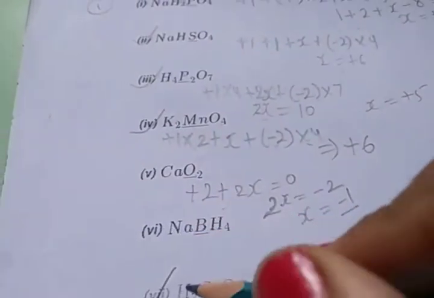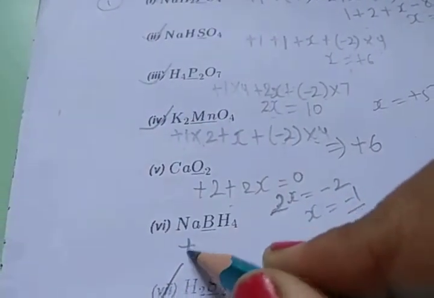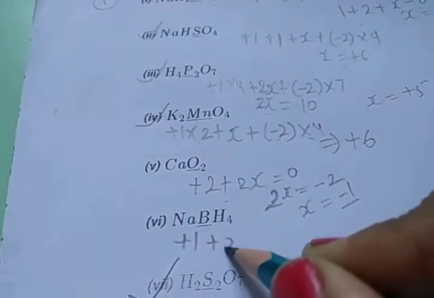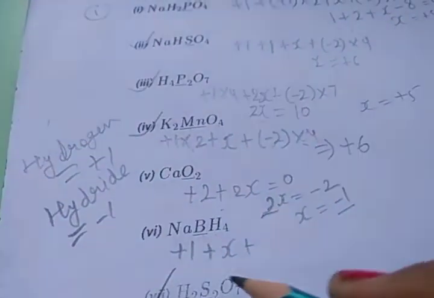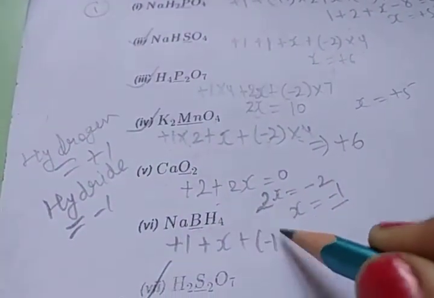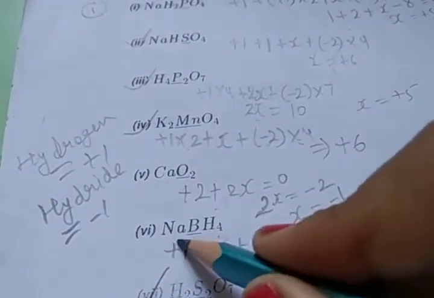Then NaBH4. So sodium plus 1 and boron X. Here see, sodium borohydride. Always learn this concept: whenever we say hydrogen, its valency is plus 1, but when we say hydride, its valency is minus 1. So here we put the value minus 1 because it is a hydride, sodium borohydride.